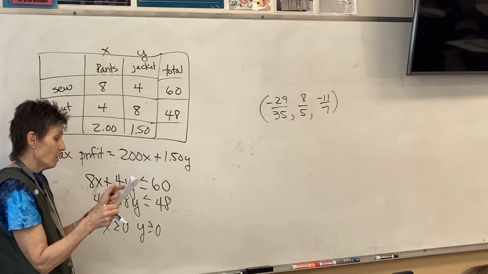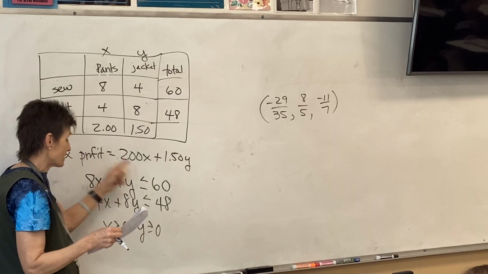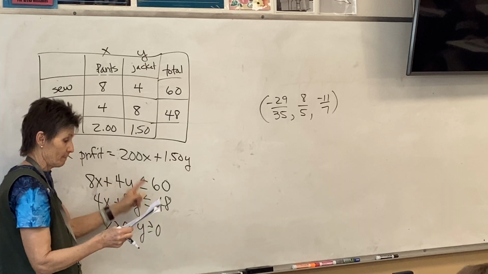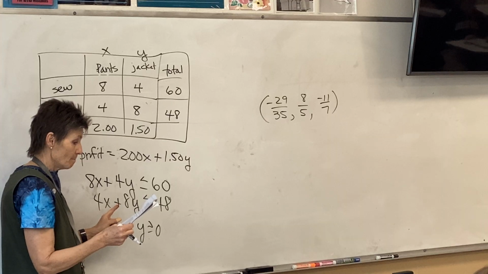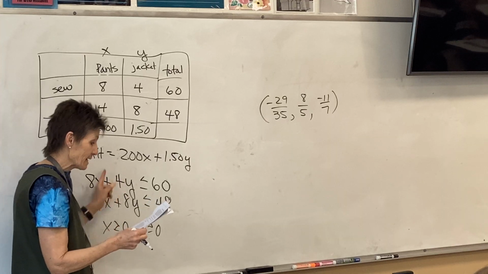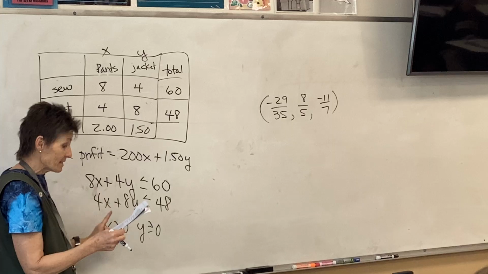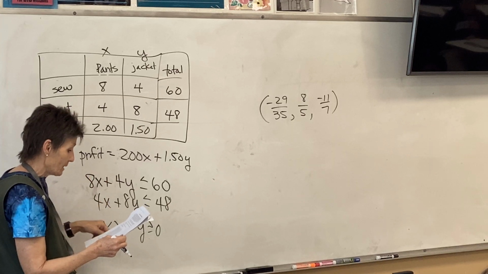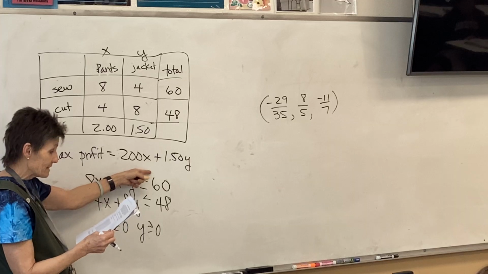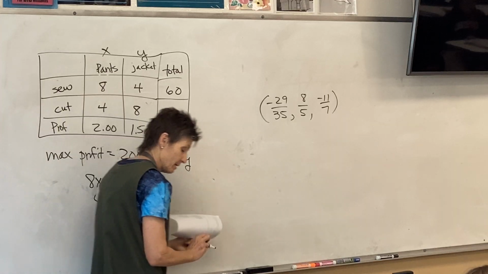So here are inequalities that represent this situation. Now let's draw it. Okay, so that's A and B done. And C, because one of these is cutting, one of these is sewing, so we got them all. There's the profit, so that's D. Now we're gonna graph it.